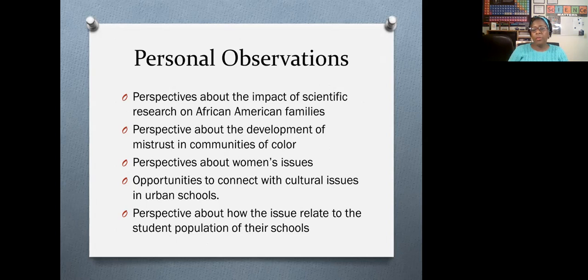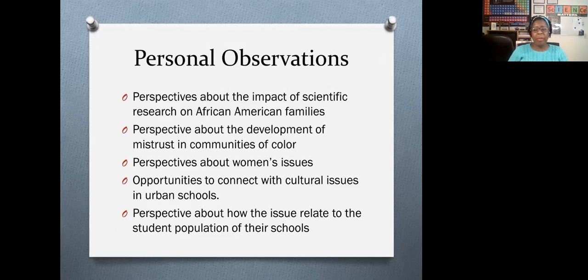I also observed students' perspectives about the development of mistrust in communities of color, and in some cases, the absence of that perspective, and saw that as an opportunity to help students to think more critically about culturally relevant issues.